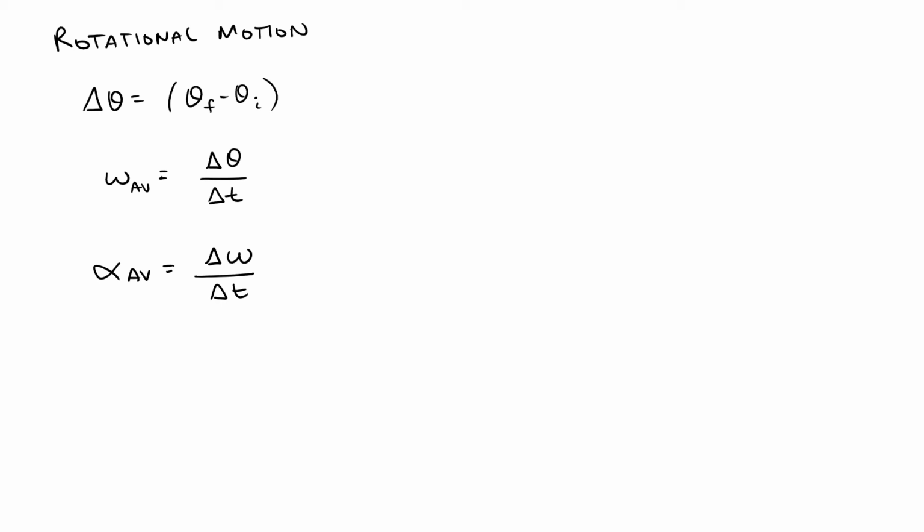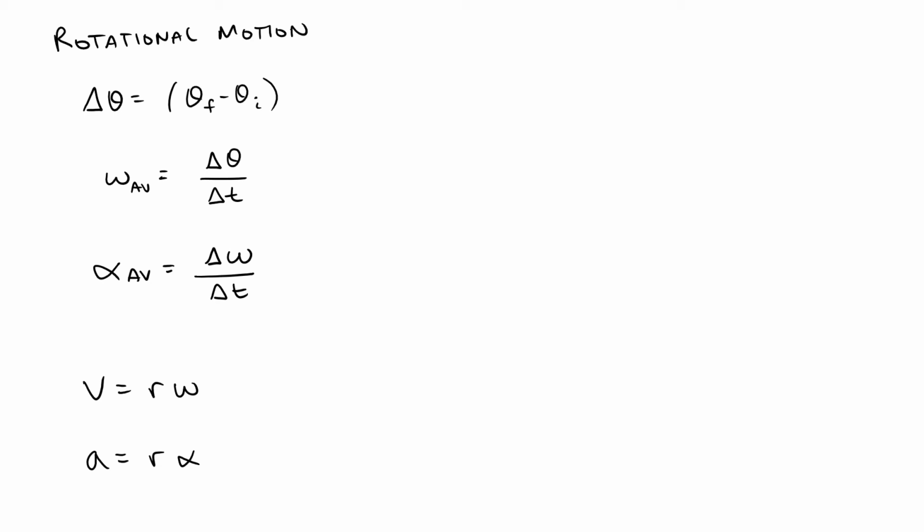Going from these rotational coordinates into the tangential components. So there was V is equal to R omega and A is R alpha, where R is the distance away from your pivot point, whatever you're spinning.